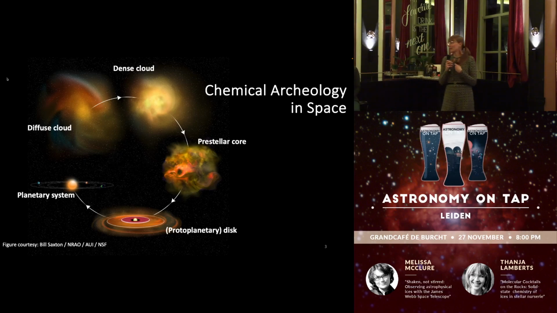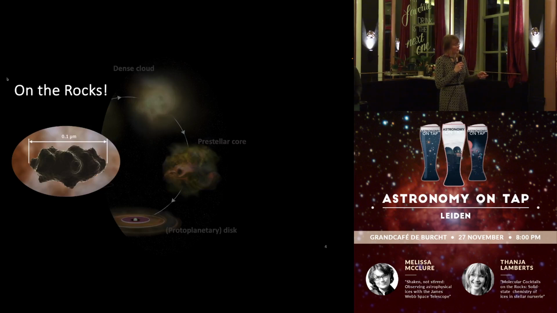And for me, the reason is that if we know the ingredients at the start, we can also build on that and try and understand, okay, now we know what we have as input here. Now, how do these molecules actually continue to either form or change along the course of the star and planetary systems? So what I like to focus on are these dense regions here.